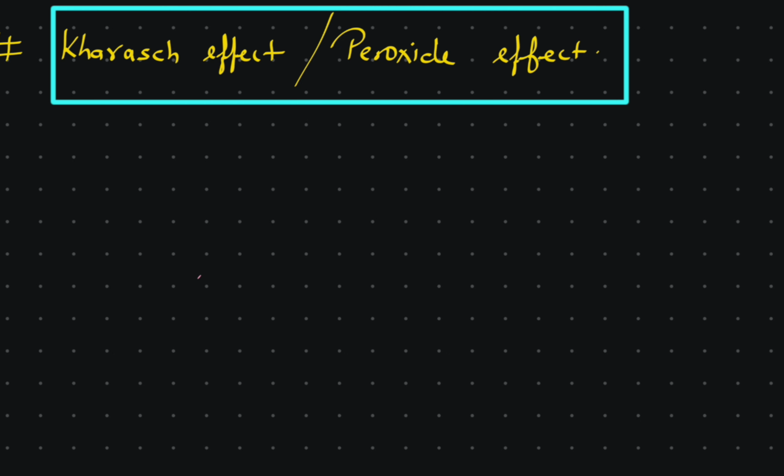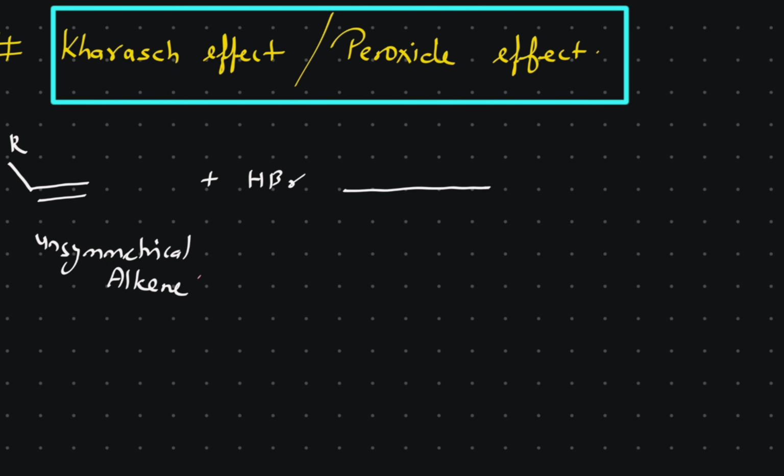Let's get started. Basically, what is Kharasch effect? What is peroxide effect? Whenever HBr reacts with an unsymmetrical alkene, the alkene should be unsymmetrical, in the presence of peroxides.